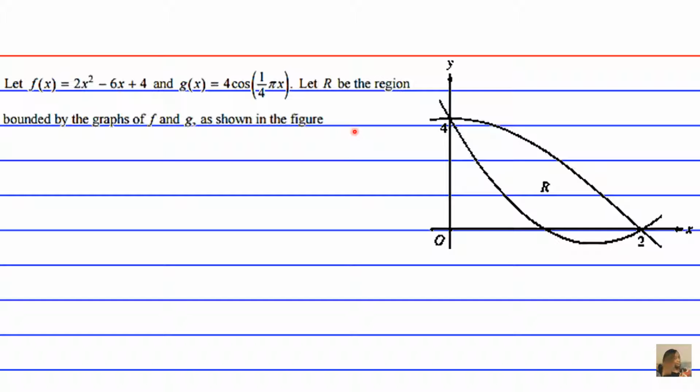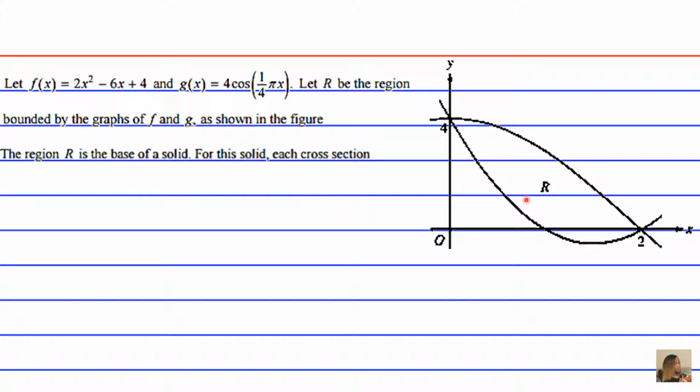Let R be the region bounded by the graphs of f and g as shown in the figure. So the intersection of these two regions bound the area R, okay? All right, so this is what we have to sort out.